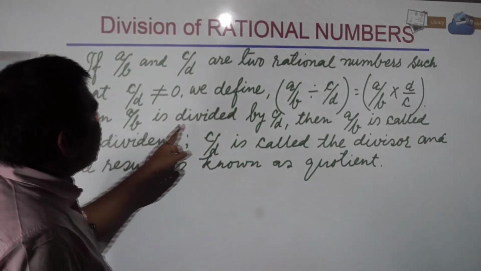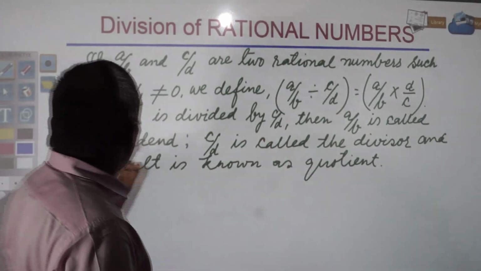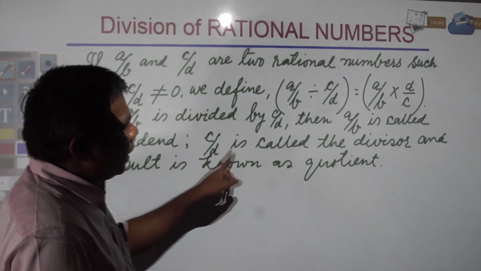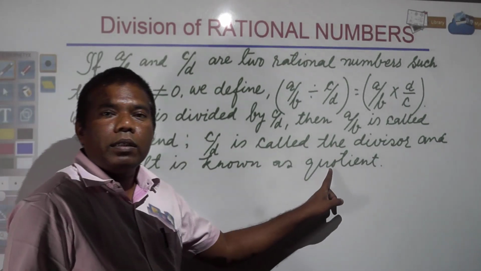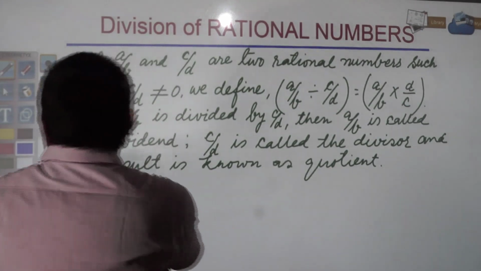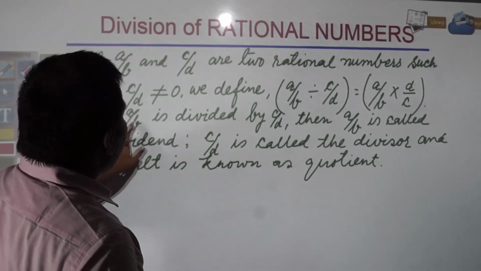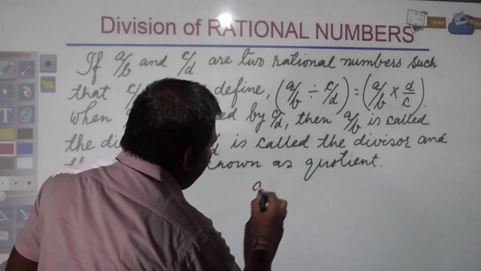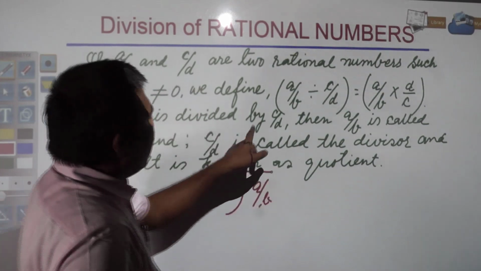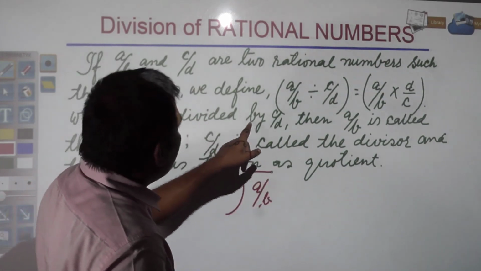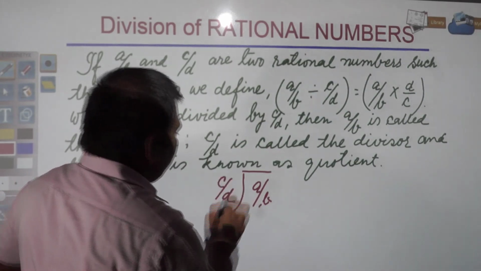When a by b is divided by c by d, a by b is called the dividend, c by d is called the divisor, and the result is known as the quotient. So if you are dividing a by b by c by d, you are dividing by c by d.